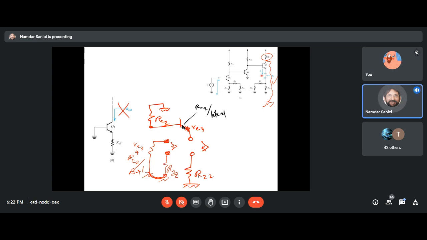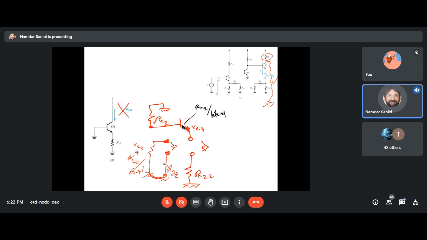And whatever that turns out to be is what is sitting below the emitter of Q3. So we open the circuit from the loop on the output side. We look down to see what we see. We look up to see what we see. Because both of them are connected to ground, we are going to have to add them up. Looking down, we see R22, and that's simple, R22.